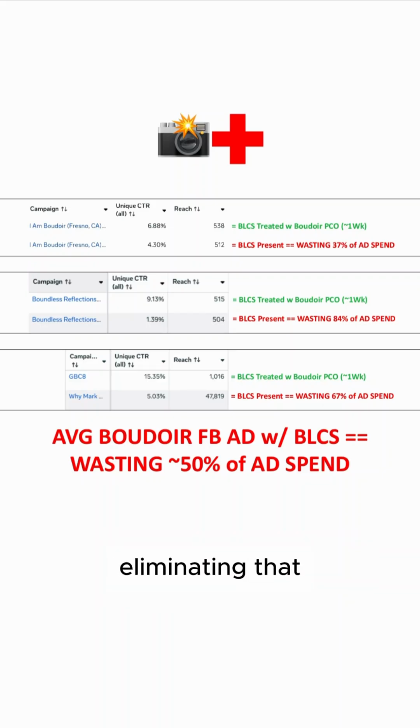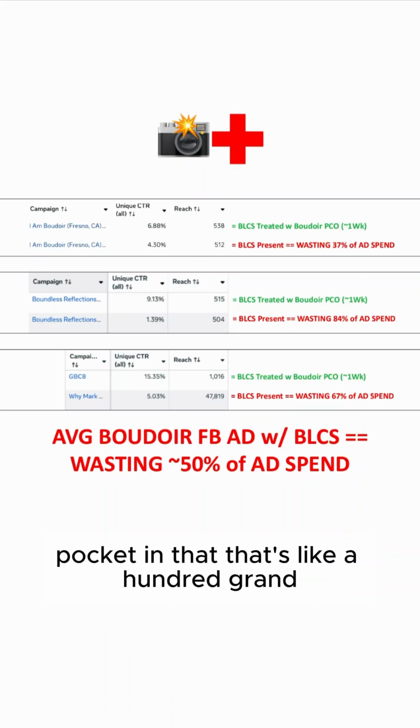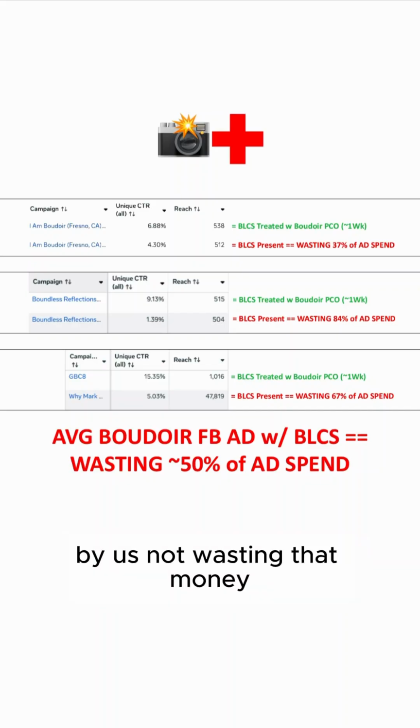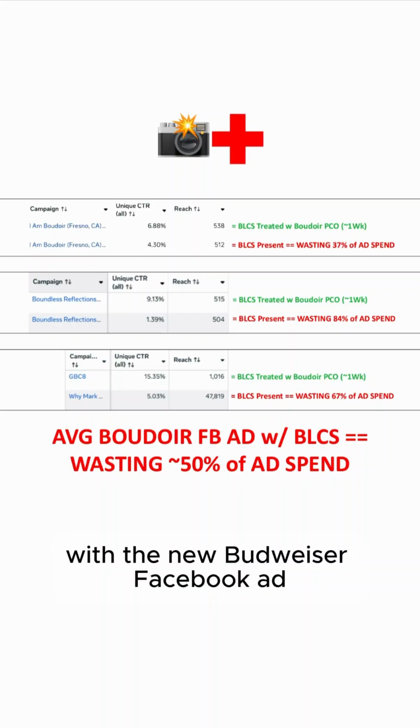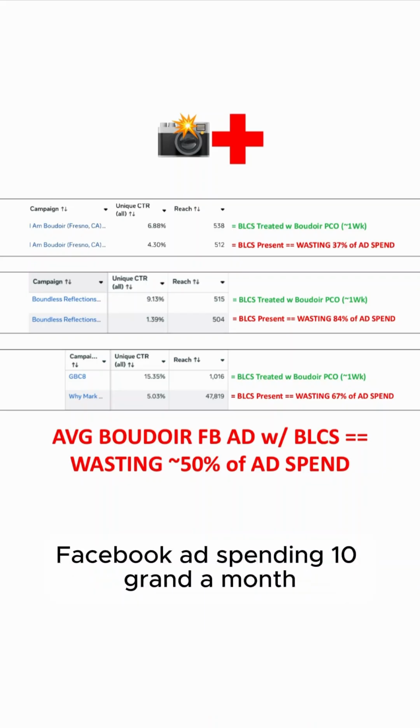So what are we doing here? Eliminating that 8,400 bucks a month of wasted ad spend and pocketing that. That's like a 100K bonus that we found by not wasting that money and spending 1,600 bucks a month with the Boudoir Pico treated ad. We're getting our ad into the same number of women's brains as the original Boudoir Facebook ad spending 10 grand a month.